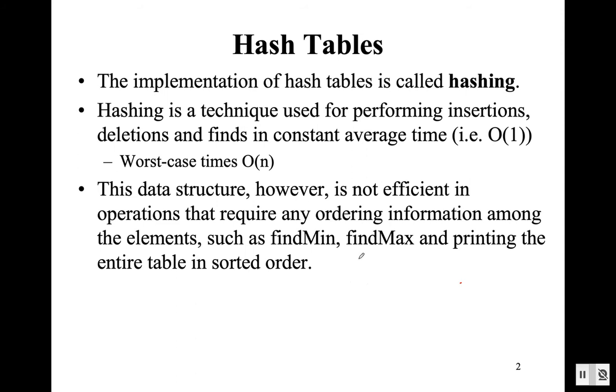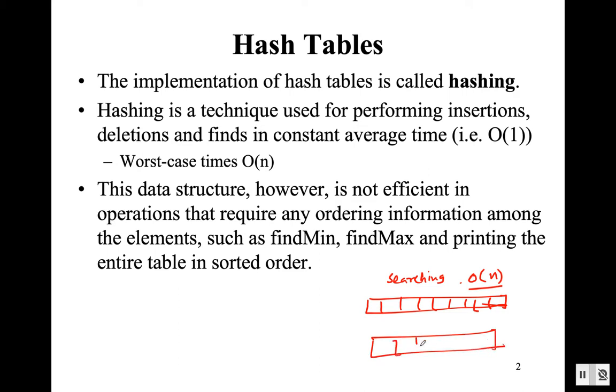If the data is in random order, the searching generally takes order of n. Consider a very simple data structure like an array. If the data is in random order, searching takes order of n. But if the data is in sorted order, we can implement binary search, and in that case the searching is more efficient than linear time. This is order of log n.